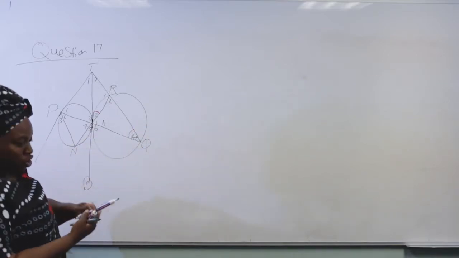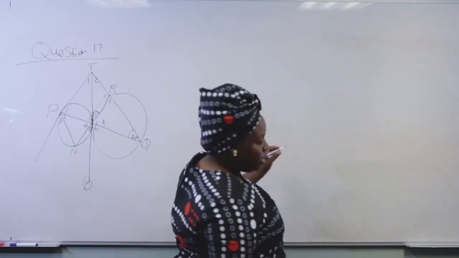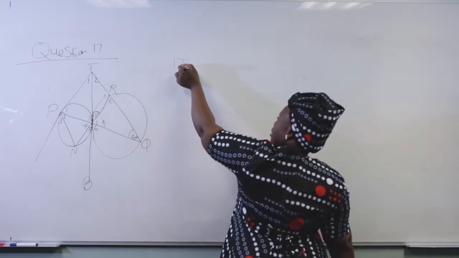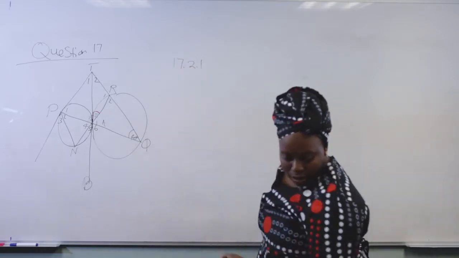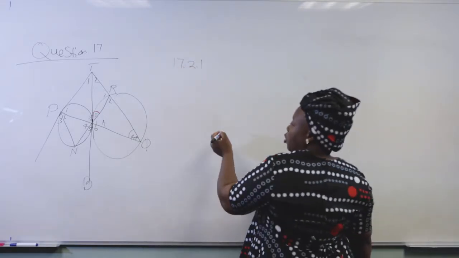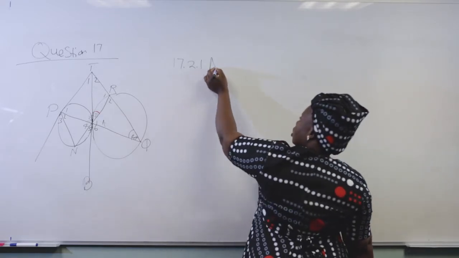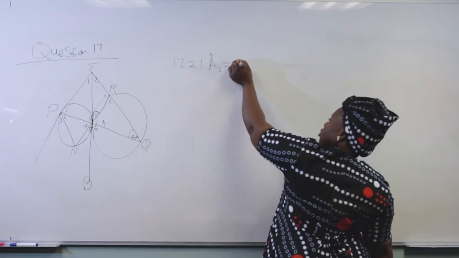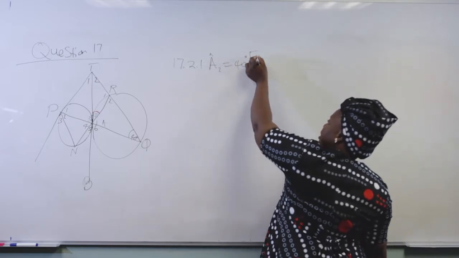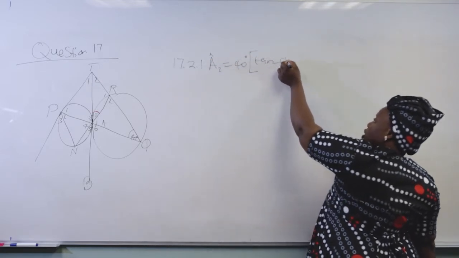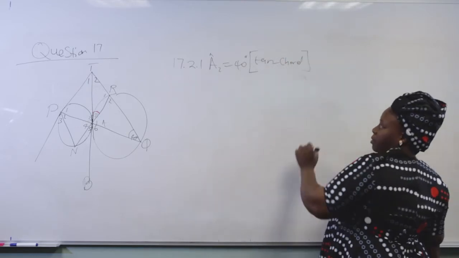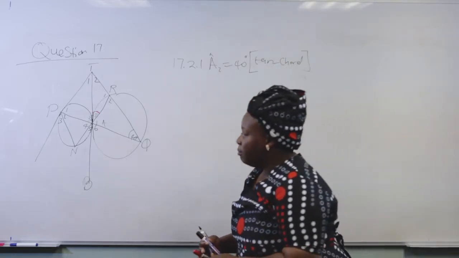So for question 17.2.1, we're going to say that A2 equals 40 degrees, and the reason is the tangent chord theorem. That's our first piece of information.